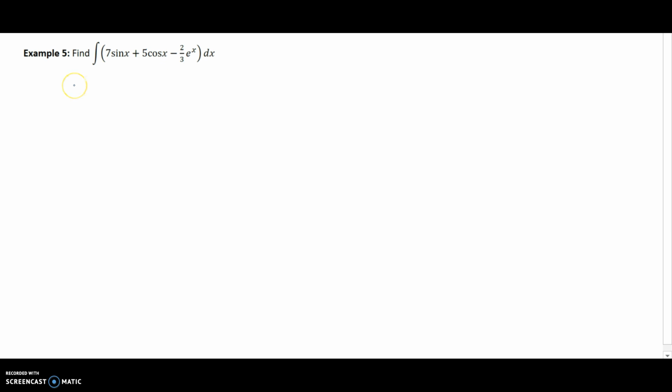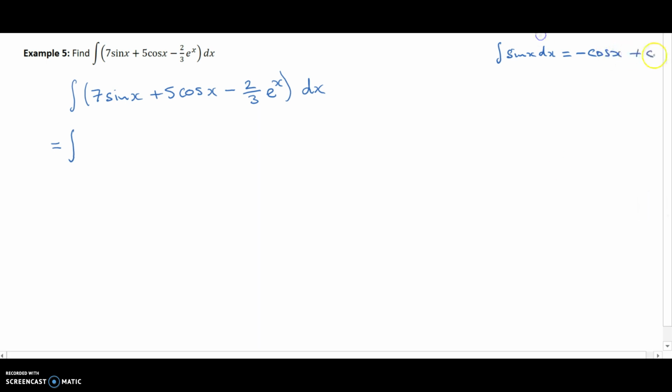So we're going to have the integral of 7 sine x plus 5 cosine x minus 2/3 of e to the x dx. Well, that's going to be equal to, now, the basic rules we use: the integral of sine x dx is equal to minus cosine x plus c.